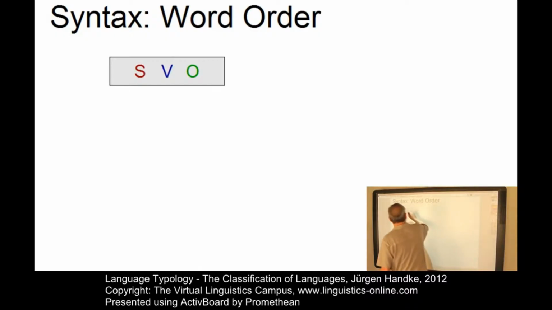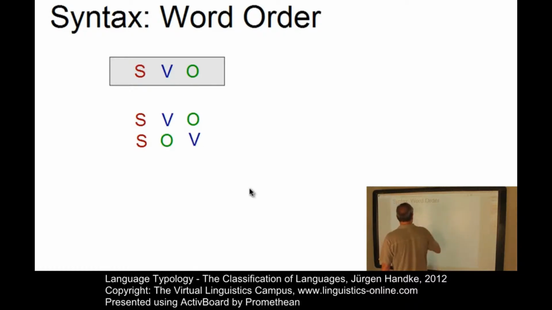For example, languages could exhibit the SVO structure. Then languages could be organized in terms of SOV. Another possibility is to have the verb in the first position, then the subject, and then the object. Or to have the verb in the first position, then the object, and then the subject.